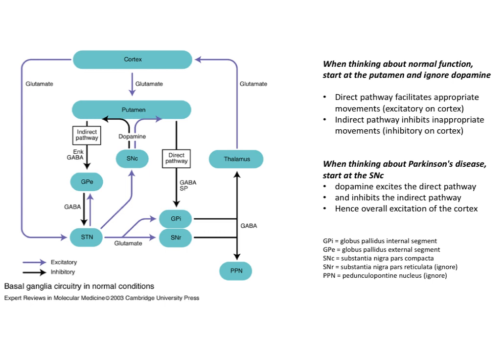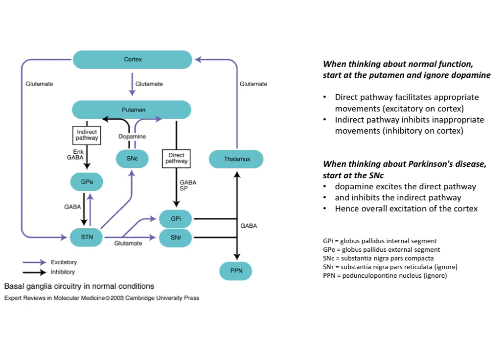What we're going to do is, first of all, consider the normal function of the basal ganglia. We're going to look at the so-called direct and indirect pathways, and consider how they contribute to the way in which the basal ganglia can analyse a motor plan produced by the motor cortex, facilitate appropriate movements, and edit out inappropriate movements.